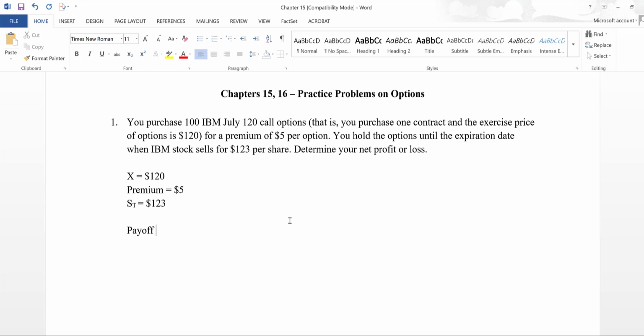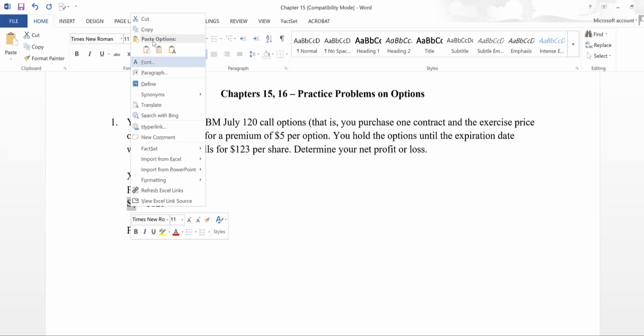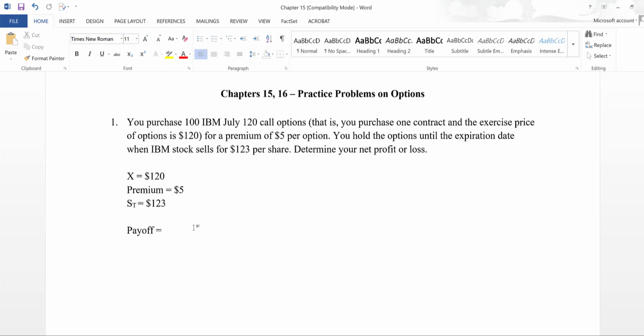Remember, payoff is ST minus X if ST is greater than X. In this case, ST is greater than X, so payoff would be 123 minus 120, so that would be $3.